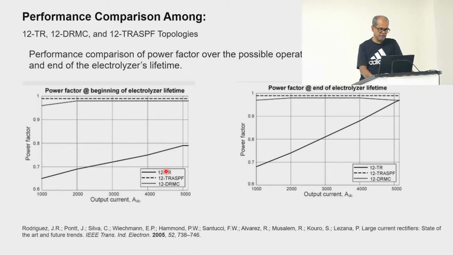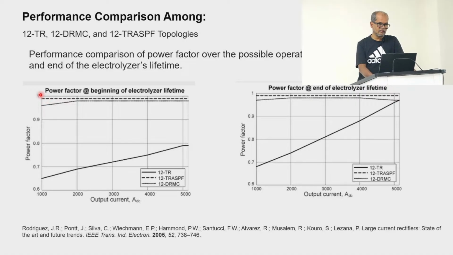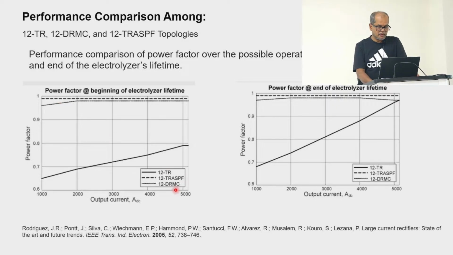So here, if you see the dotted one, that is showing the best performance. The power factor is not unity, but it could be like 0.99. The second one, which has that DC to DC converter, is also quite good.